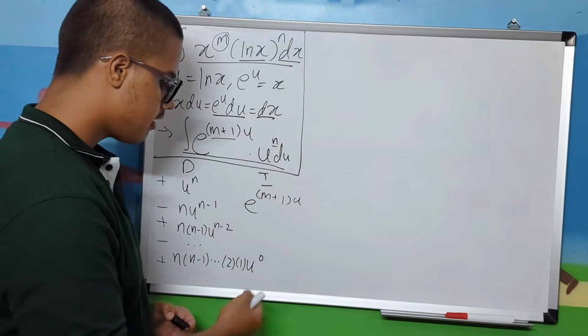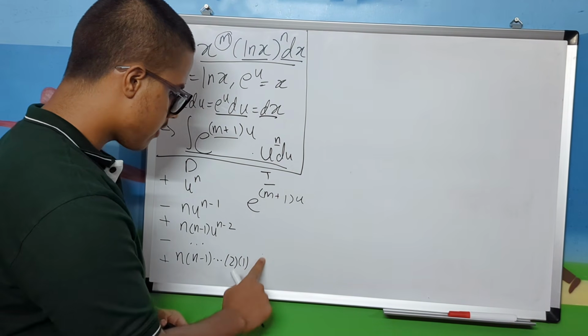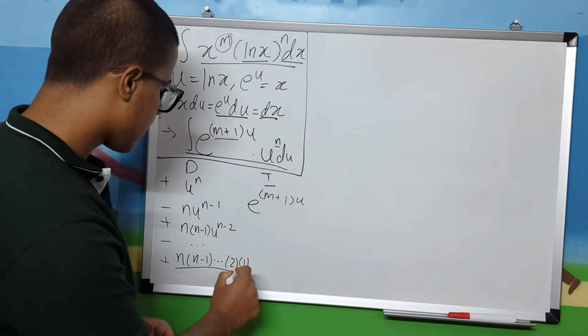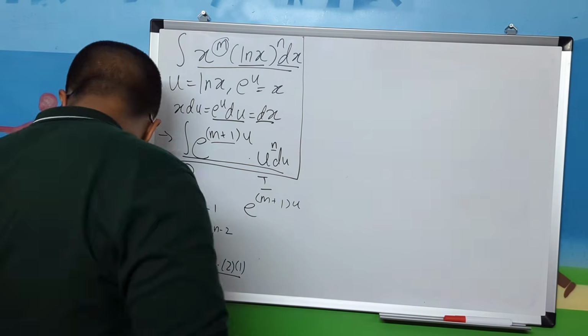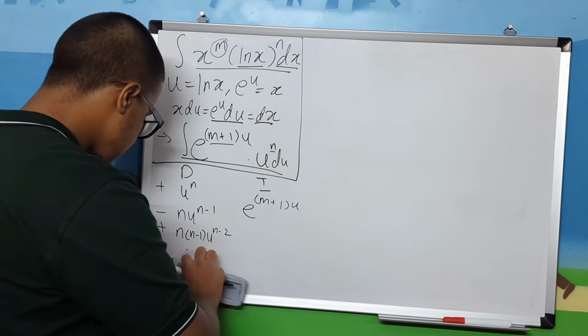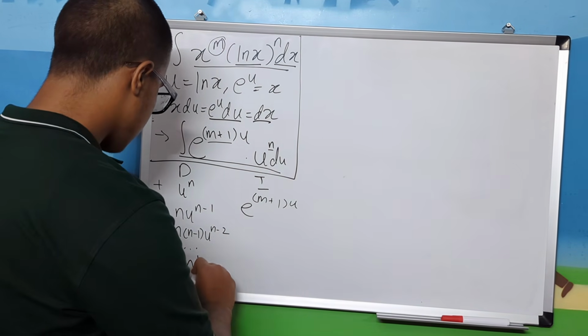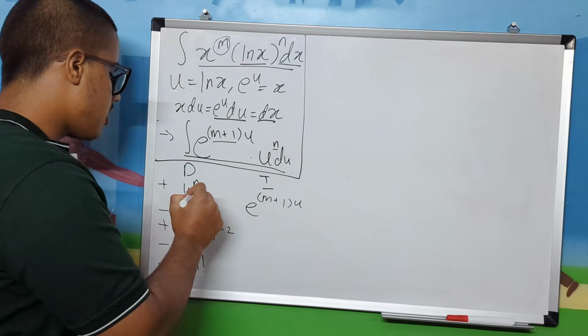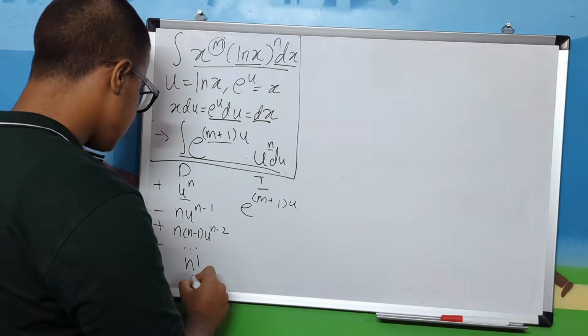Since u is 0, this effectively becomes 1 as well, so it cancels out, and then we just have this. If you look at this, this is just n factorial. So we can write this in a much more simplified way instead of the expanded form: n factorial. And then we have completely gotten rid of our variable u. We need to differentiate one more time and then we'll get 0.